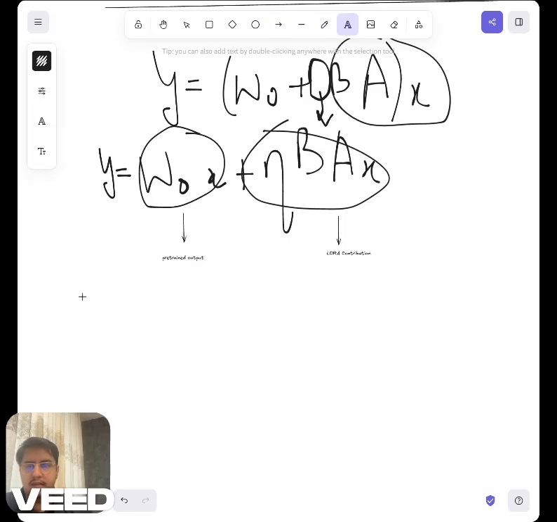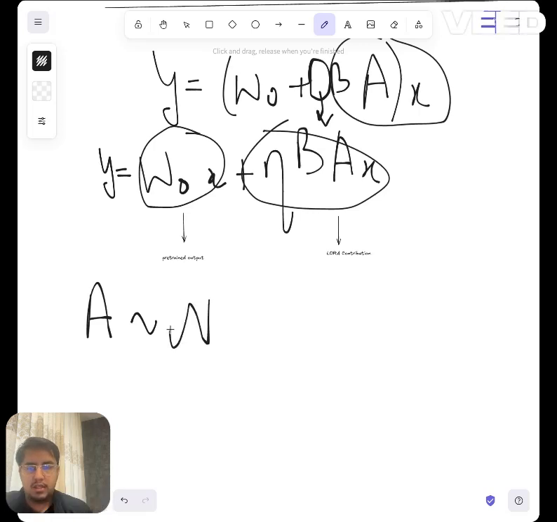Initially for vanilla LoRA, I would like to remind that the product B times A is 0, since A is a Kaiming initialization, with zero mean and some variance, and B is equal to perfect 0.